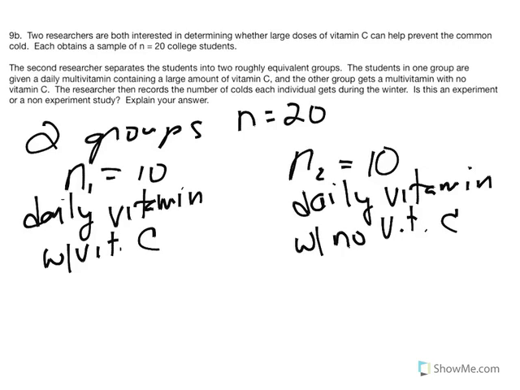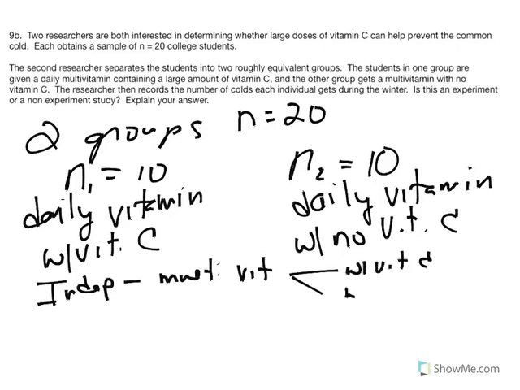And then what we can conclude at this point is that the independent variable is the multivitamin. Okay, and it has two levels, with vitamin C and without vitamin C. Okay, so those are our two groups.